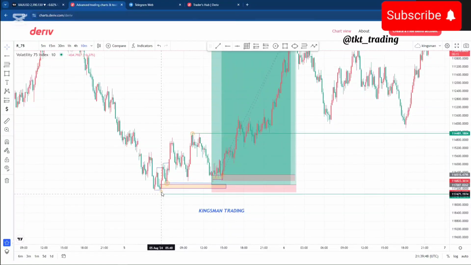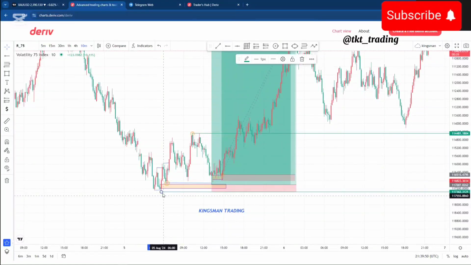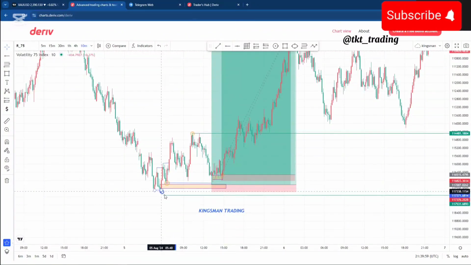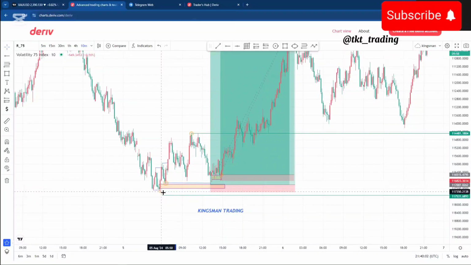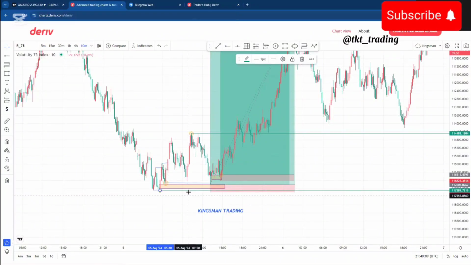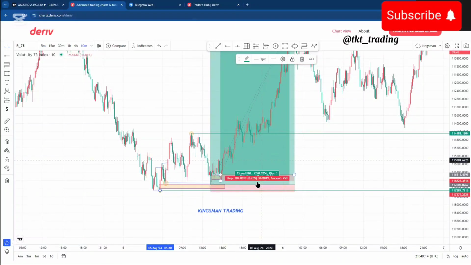I'm trying to make it bigger, but I hope you all can see it. So this is point A. Mind you, point A is a protected low. Protected low means there is nothing that is going to make price head lower to this.